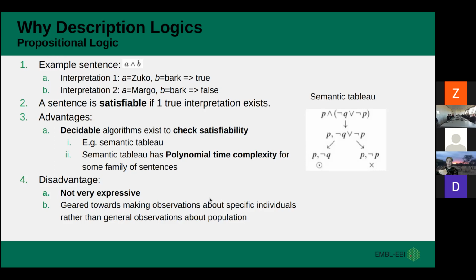There could literally be an infinite number of interpretations for these logical sentences. And you may ask, why are we dealing with interpretations? Why don't we just say what we mean? Why was this sentence A and B and not Zuko and Bach? Why have these interpretations?